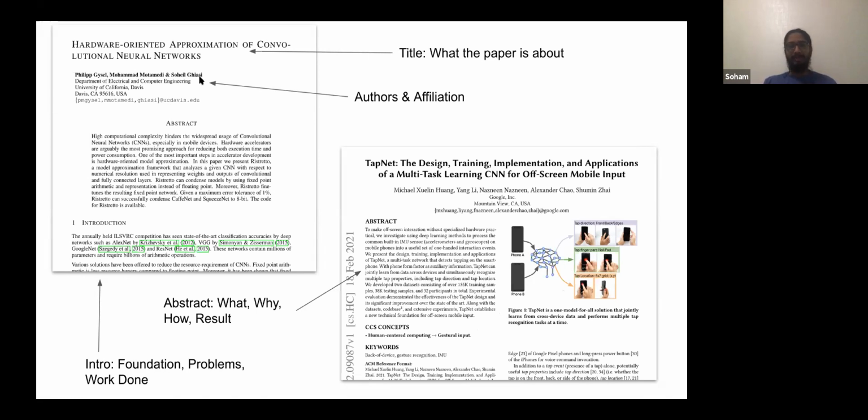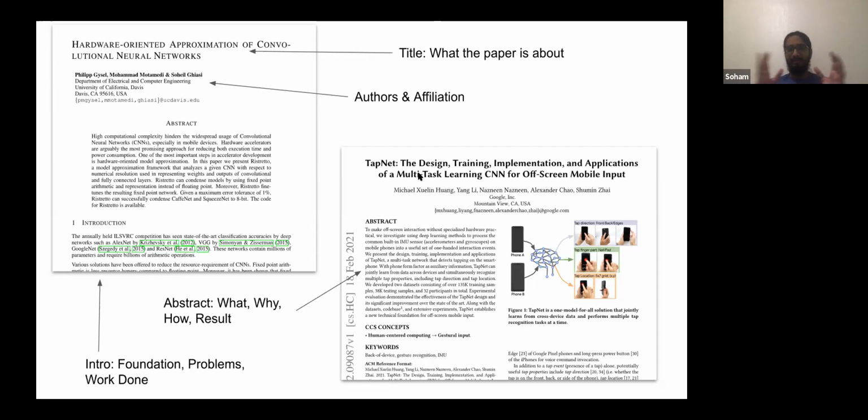There are also many different ways in which the title and the author names and other things like the abstract will be formatted. For instance, this is left formatted. Here the authors are put in the middle. The title here is in bold, but here it is not, and all of that. You'll have a lot of these things.